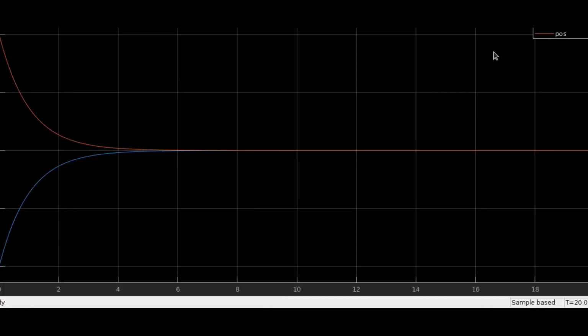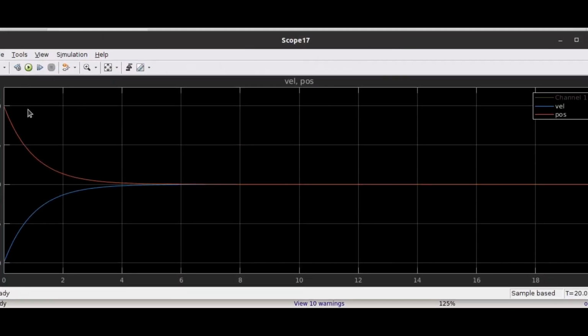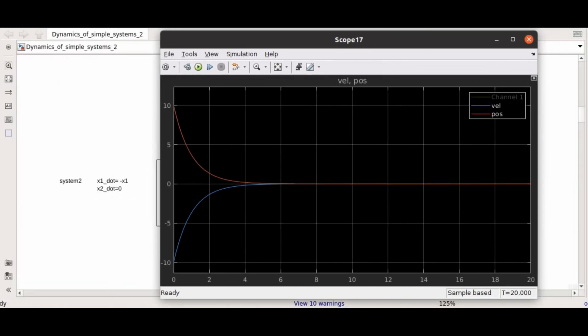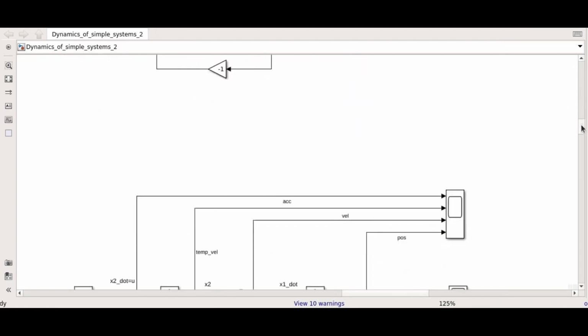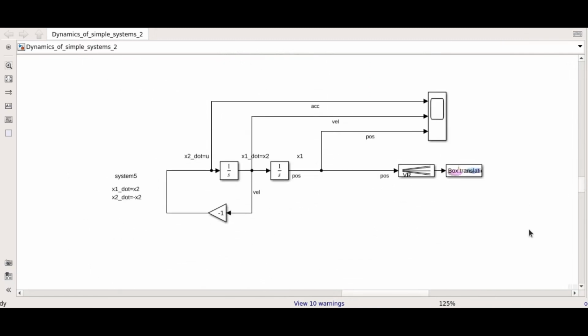So from these experiments, we can form an intuition that if the corrective action were made in terms of force, and it were negative of position as well as negative of velocity, we might be able to achieve the objective of bringing both the velocity and the position to 0, as well as force to 0. Let us find out.